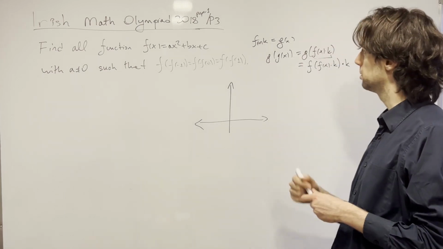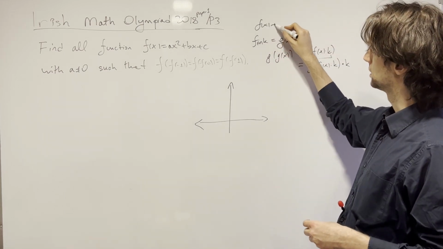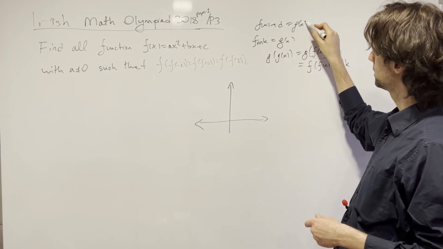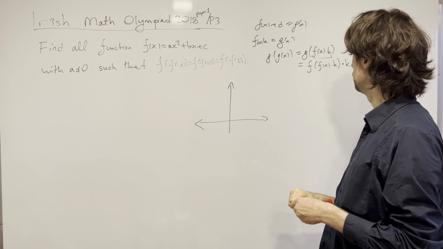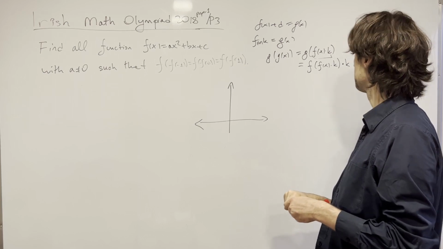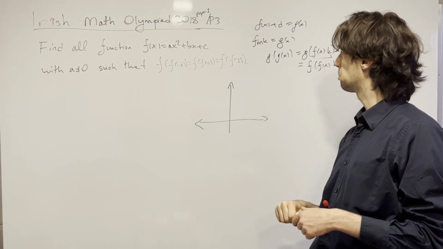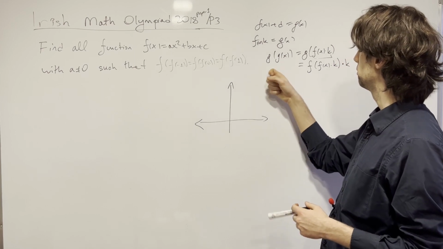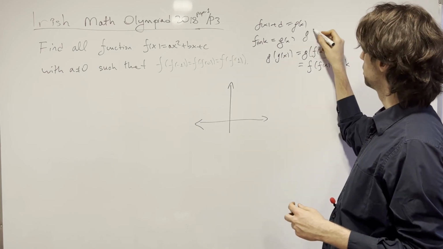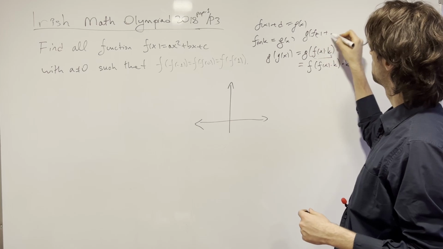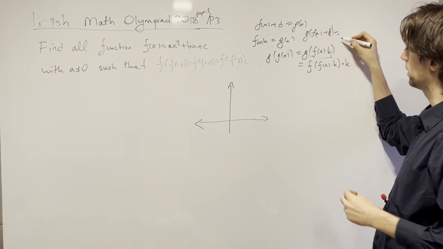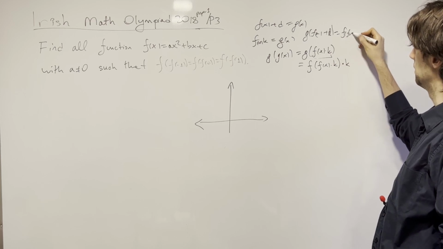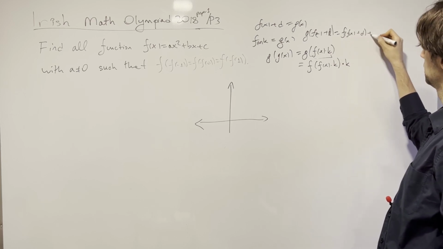Can we add something? If f of x plus some d is equal to g of x, what do we then get as g of g of x? Again, there's some question. We would get g of f of x plus d, and then this thing right here would be f of x plus d plus d.